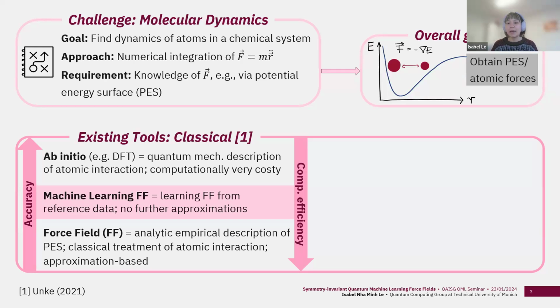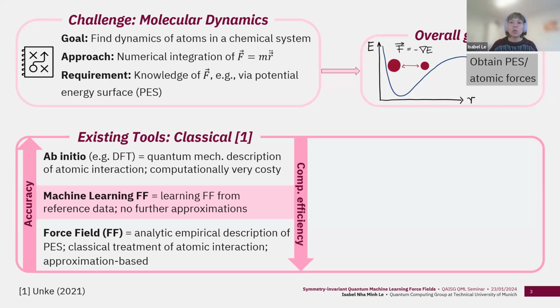But they are based on approximations and empirical, and therefore are also worse in accuracy in comparison to these ab initio methods. Now, to bridge this gap between computational efficiency and accuracy, machine learning methods have now been employed.